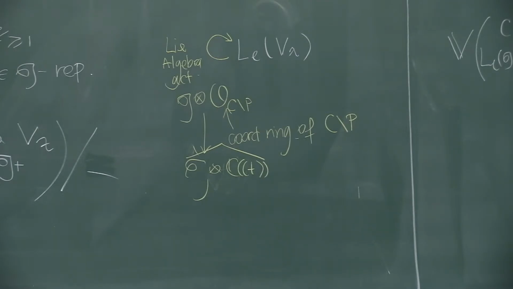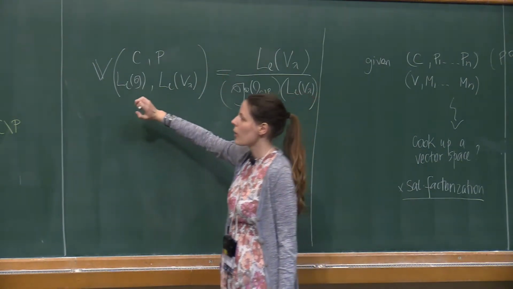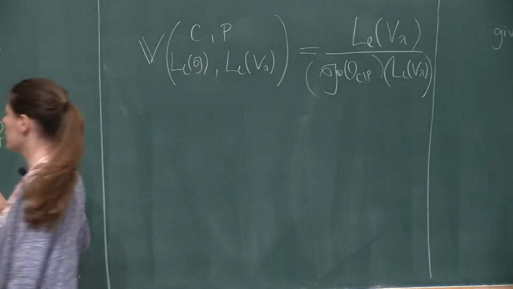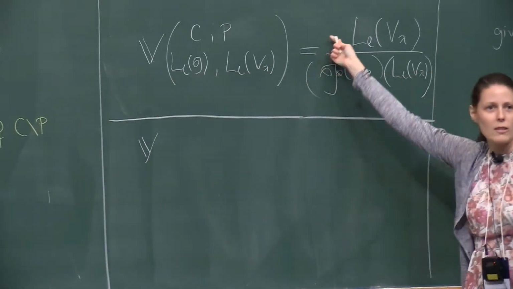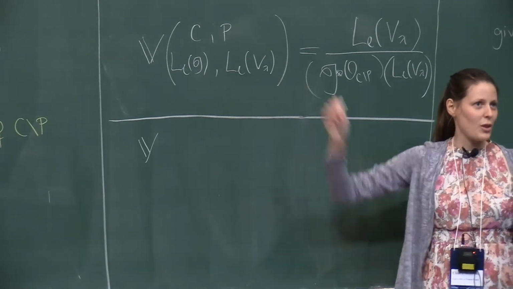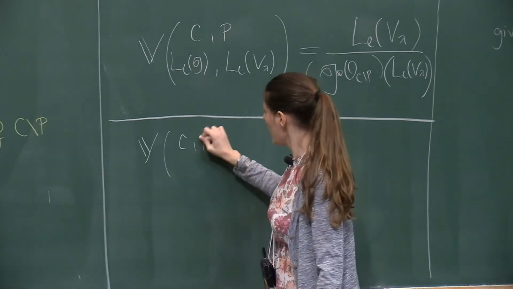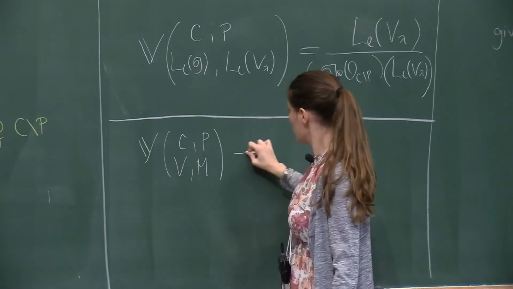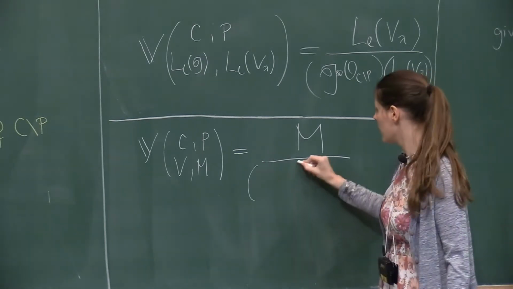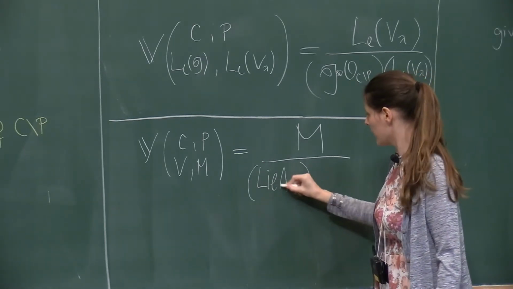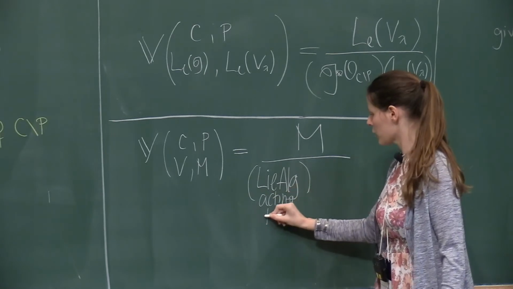Okay, so I want to mimic the same thing. If I start with another vertex algebra, not necessarily this one coming from a simple Lie algebra, I would like the space to be a quotient of M by the action of some Lie algebra.